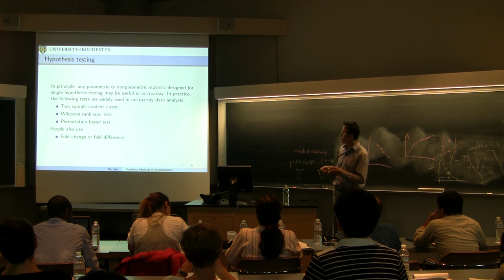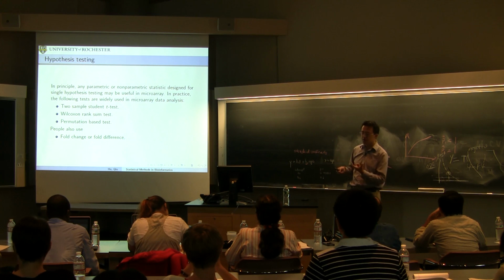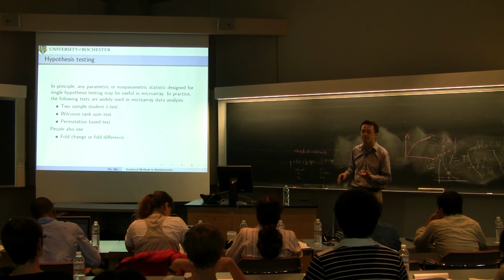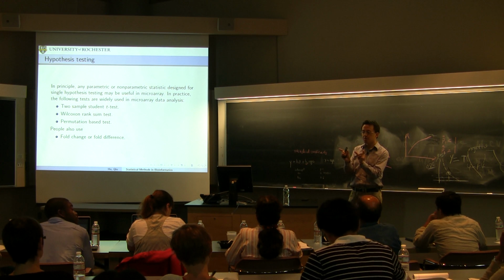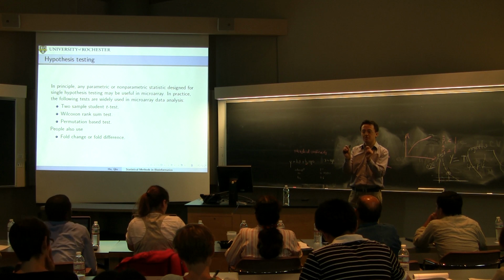Sometimes people also use the so-called fold change to test. Remember all the data has been log transformed, and the log base is 2. If you have one gene and two conditions, you calculate the mean in each condition and take the difference.